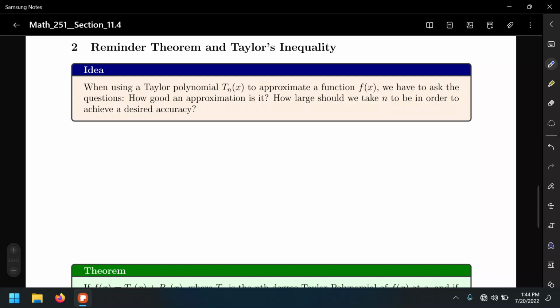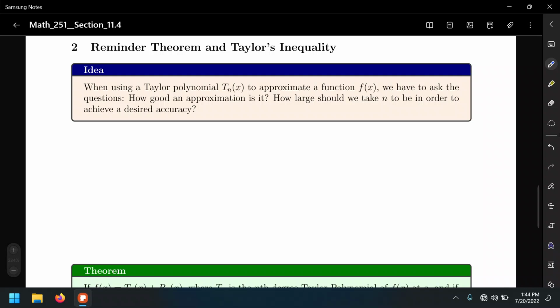Because we're using an approximation, that means we have some error, right? There's some room for error. And it depends on how many terms we use, which in the end gives us an accurate result, or maybe a poorly done approximation.